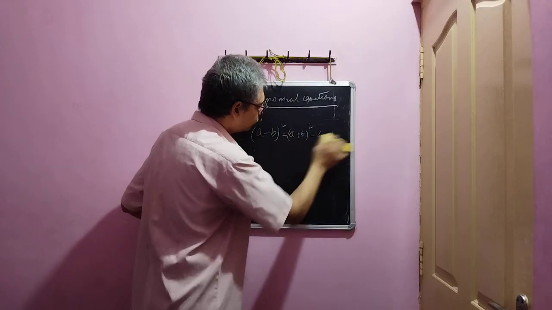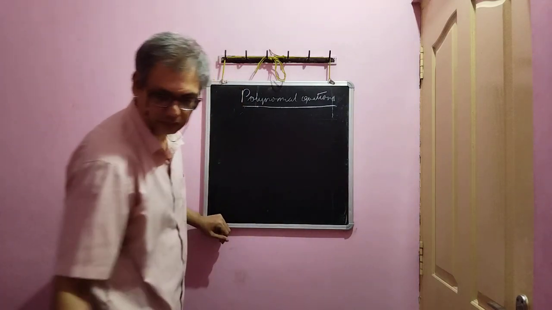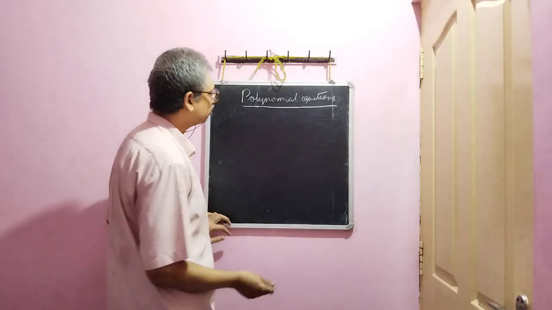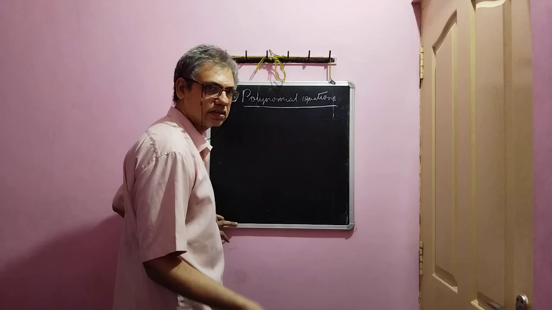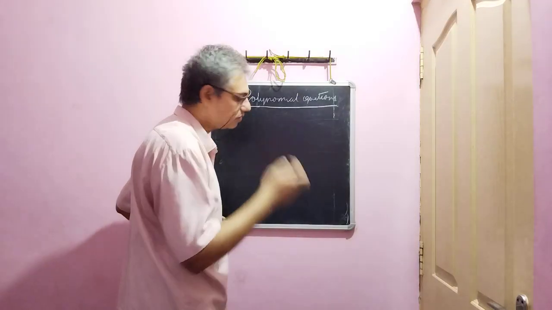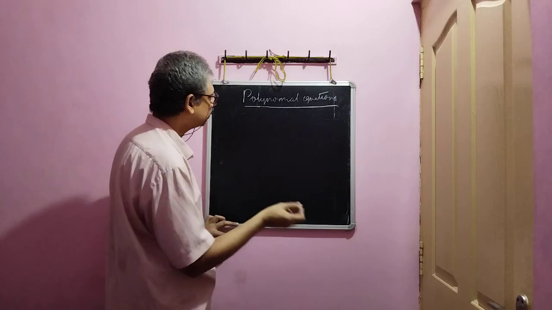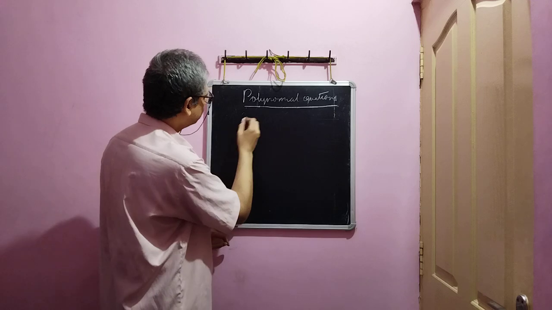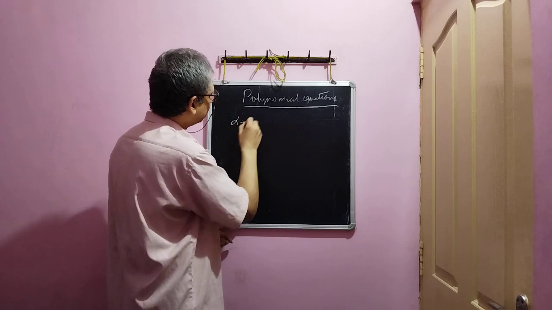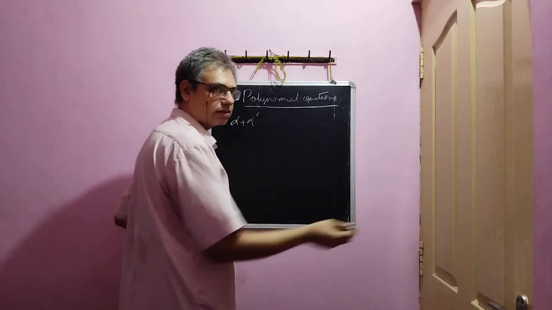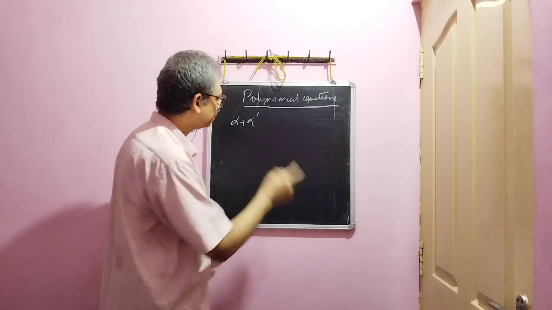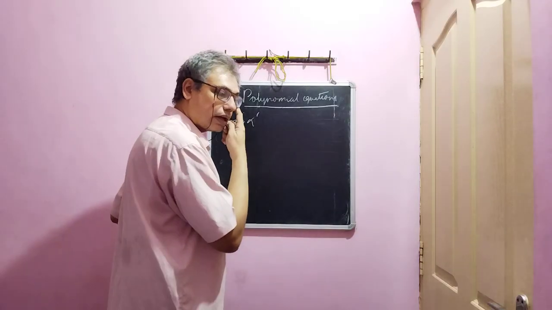If you know one solution for a particular cubic, for a particular polynomial, you can find other solutions by making use of this fact. So let alpha plus alpha dash be another solution to the same cubic equation, where we have obtained one solution, alpha.